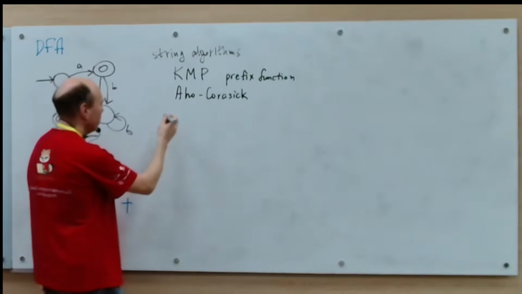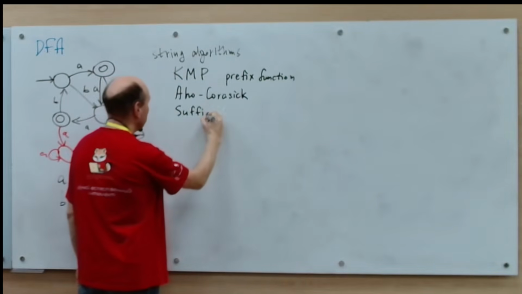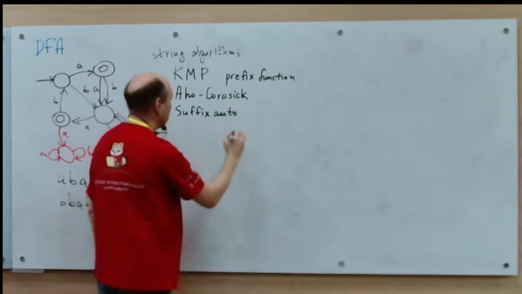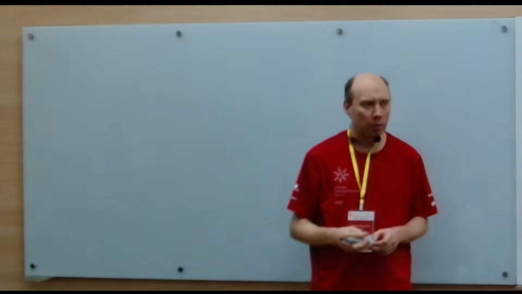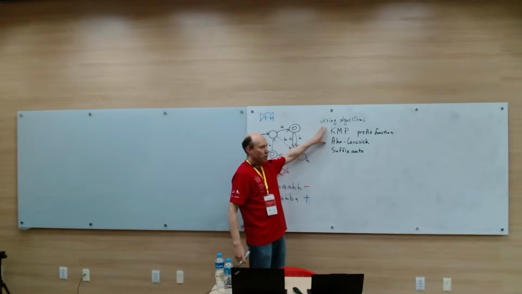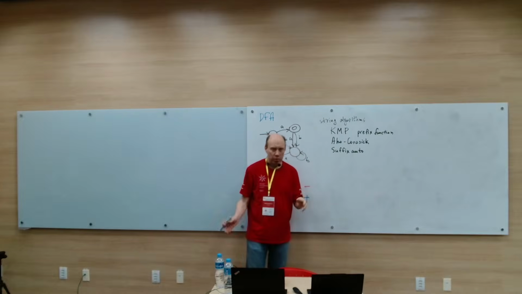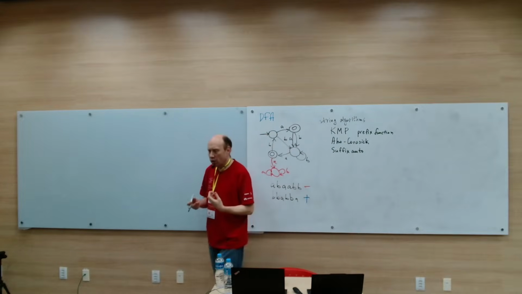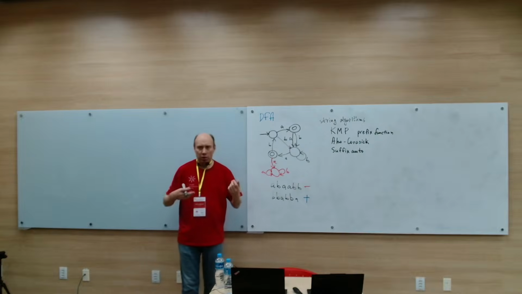The third algorithm is the suffix automaton, which also solves some string matching problems, but it has a different setup. In these two setups, you initially have the patterns, and you can process them if you need, and then you have the text in which you are making the substring search.